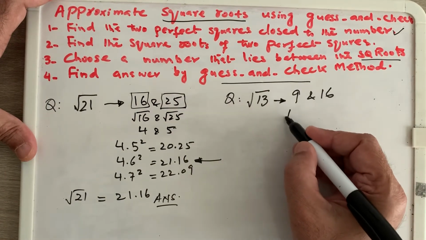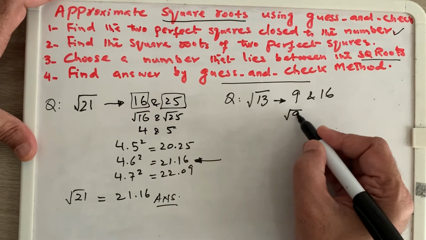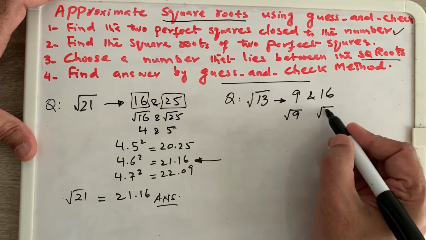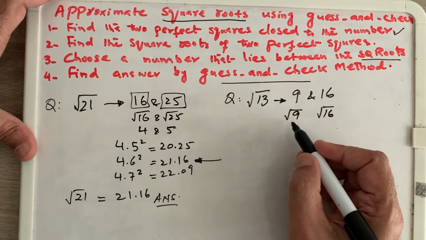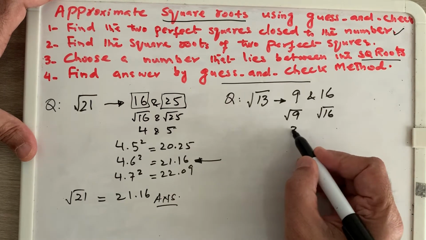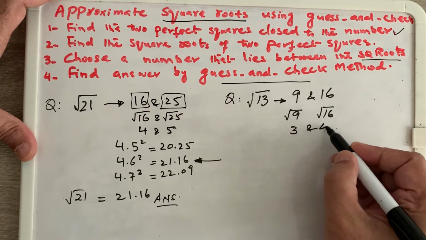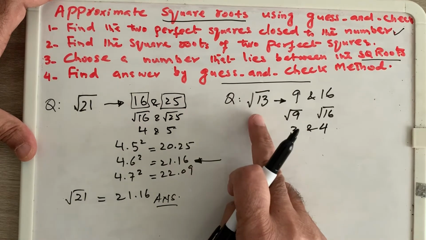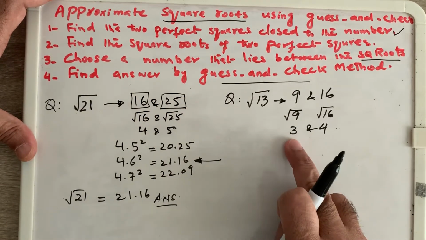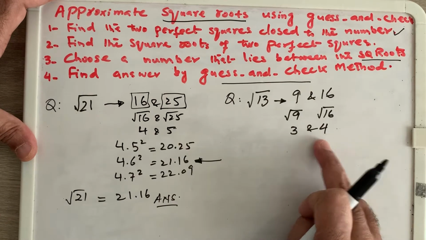And then the second step is to take the square root of these two numbers. When we take the square root, we find that it comes out 3 and 4, right? So that means under root 13 must be lying between 3 and 4.